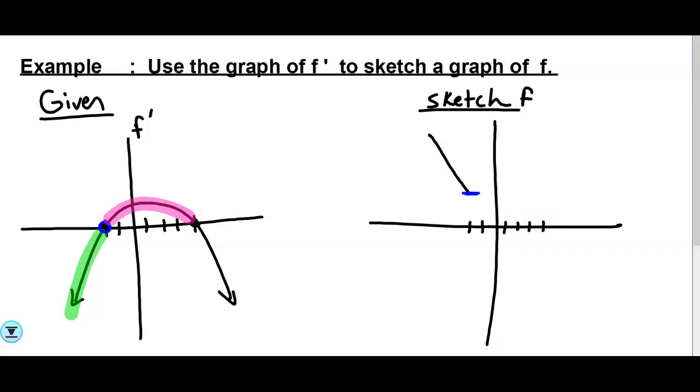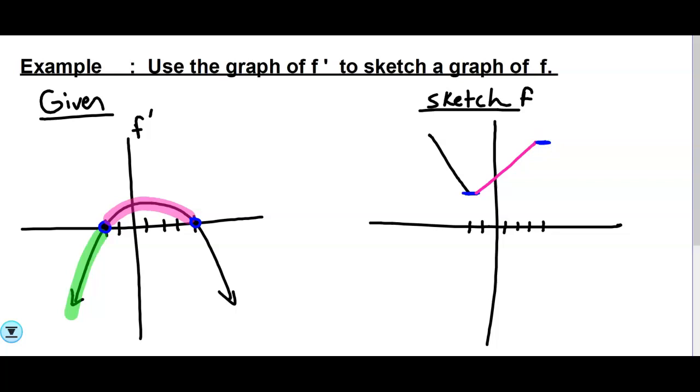So now f is going to start going in an upward direction until I get to 4. Now at 4, f prime is touching the x-axis. And when f prime is touching the x-axis, that means it equals 0. And when f prime equals 0, that means that f has a flat or horizontal slope.